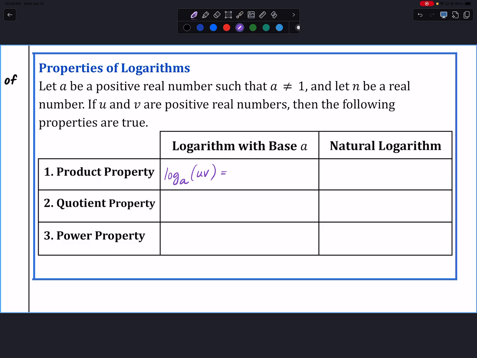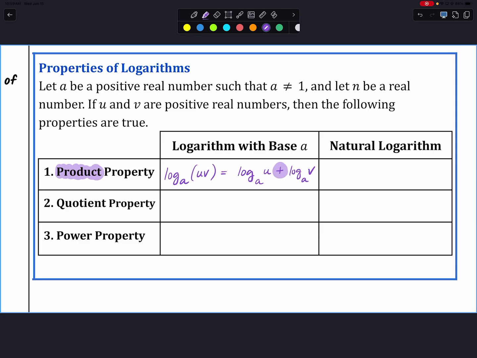So this is the same thing as log base A of u plus log base A of v. So product, multiplication, means add. You have to know this.